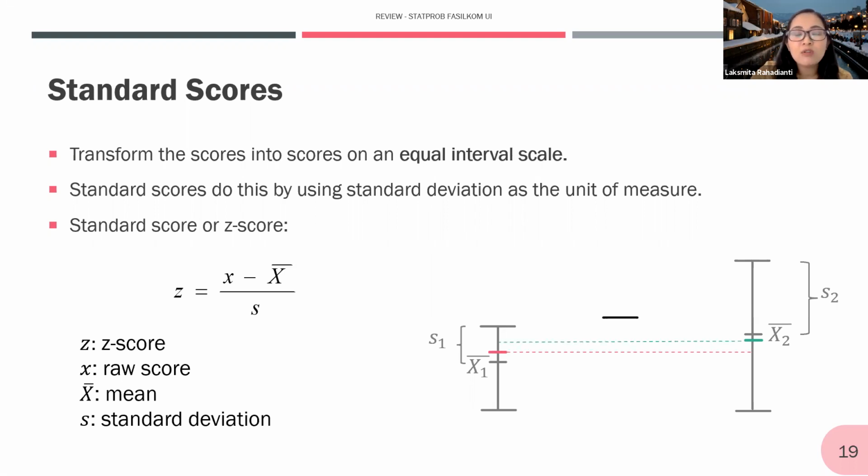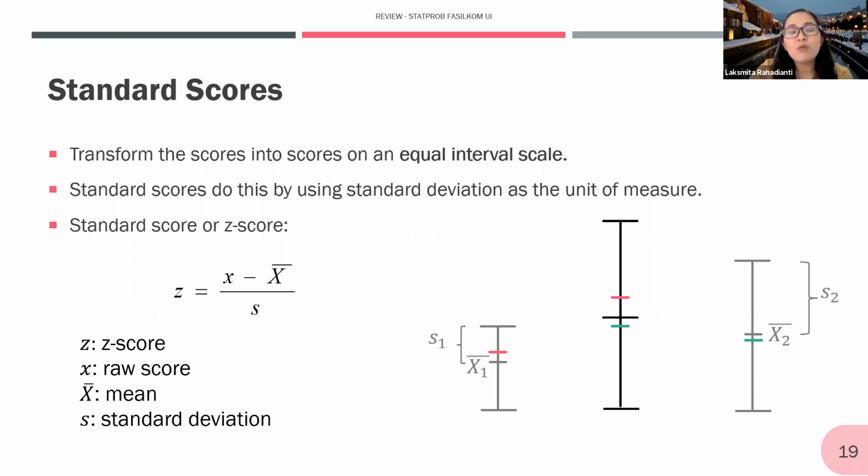If you look at the absolute values, obviously the one on the right is larger than the one on the left. But when I map these to the same scale, the red one is above the mean, and the green one, x2, is no longer higher than the red one, because once mapped to the same scale, they no longer correspond to their absolute values.